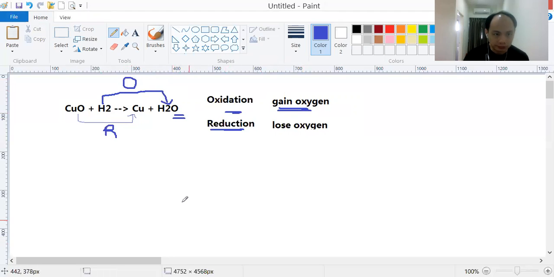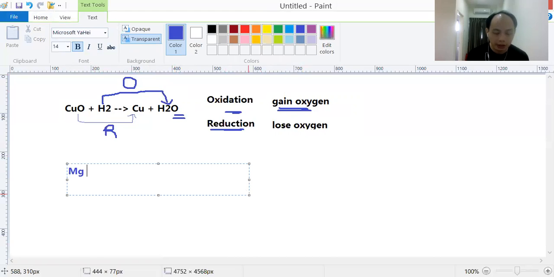Okay. Another example. Magnesium plus oxygen produce magnesium oxide. So to balance it, this one is 2, this one 2.